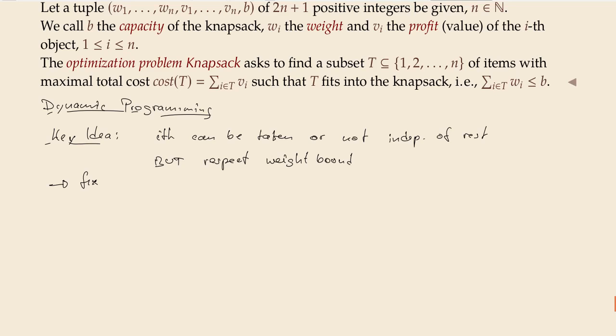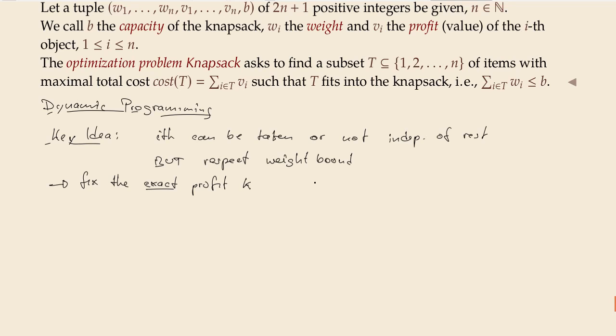To ease that decision, we also fix the exact profit that we want to hit. So we specify the profit k, and we want to precisely pick objects of that total profit.